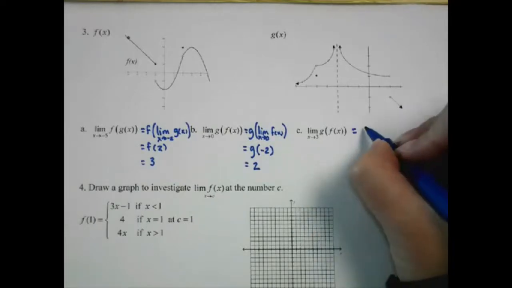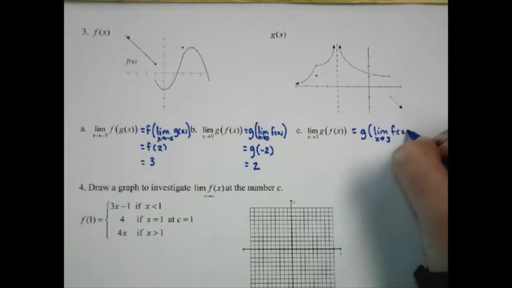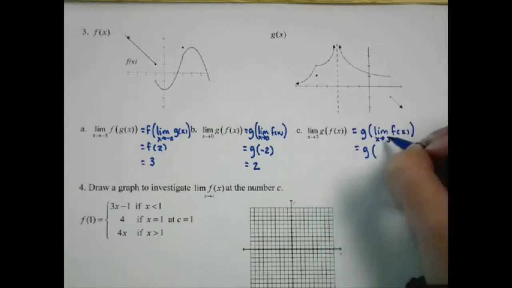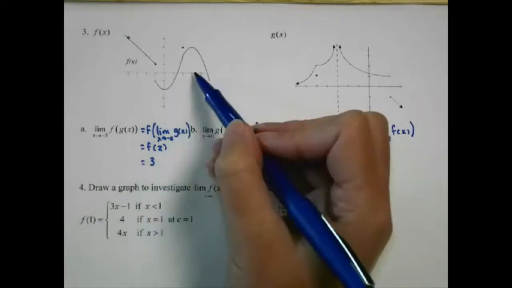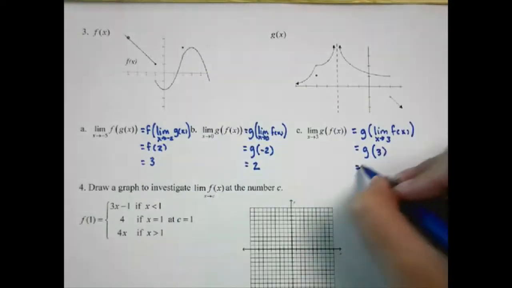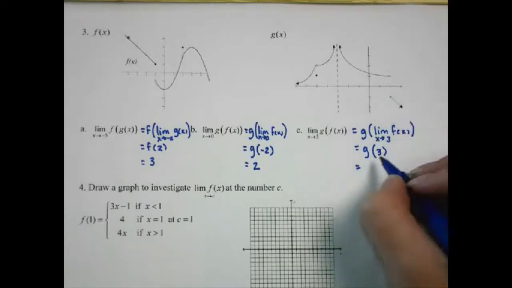Okay, let's do one more. So this will be g of the limit as x goes to 3 of f of x. So g of, looking at the graph of f, looking at 3, is at 3. G of 3, 1, 2, 3, is at -2.